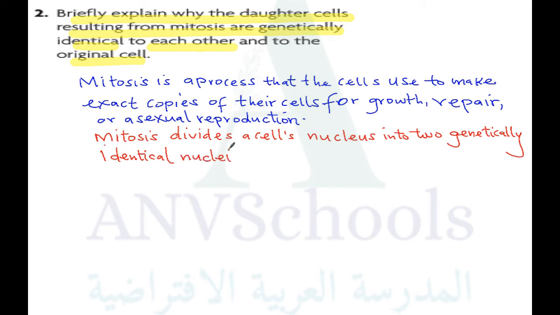So it is producing two genetically identical nuclei, each with its own full set of DNA.